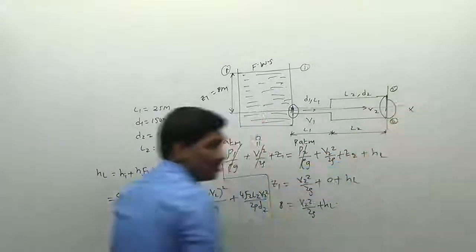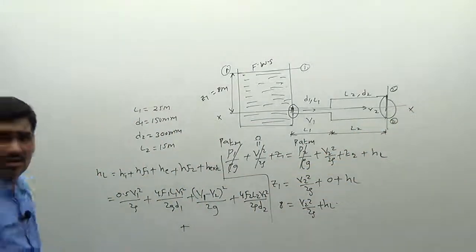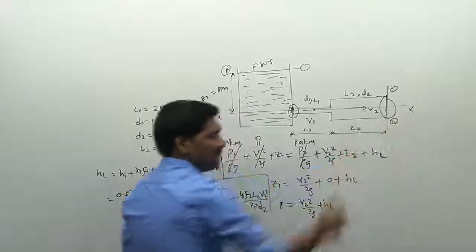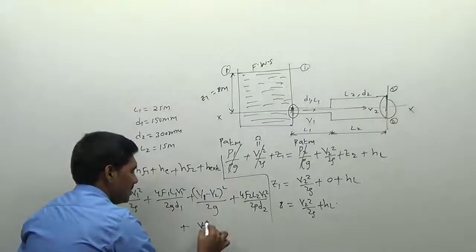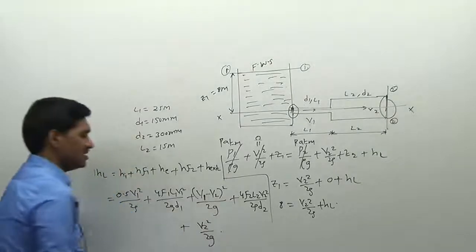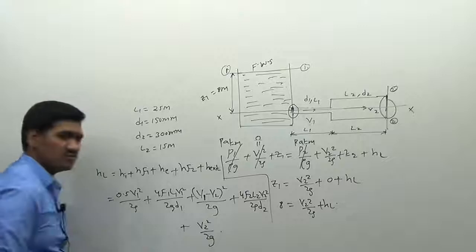At the exit, as I told, it is V square by 2G. The velocity with which it leaves the pipeline is V2, so it is V2 square by 2G.